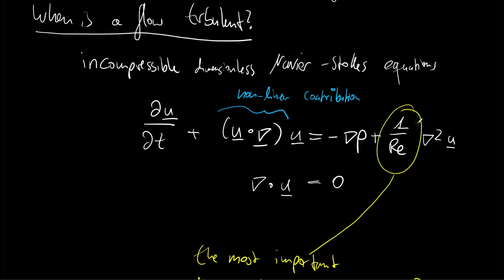So of course then, if our Reynolds number is getting large and the diffusion influence is getting small, the nonlinear influence in our equations is getting higher, and therefore we see stronger turbulence in our flow.